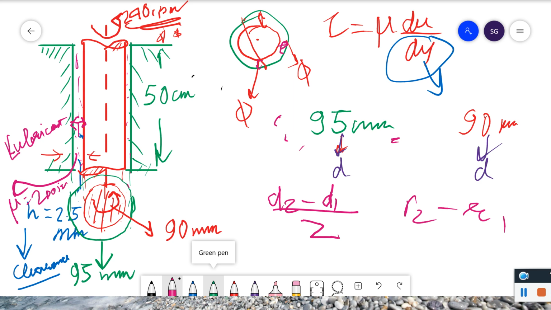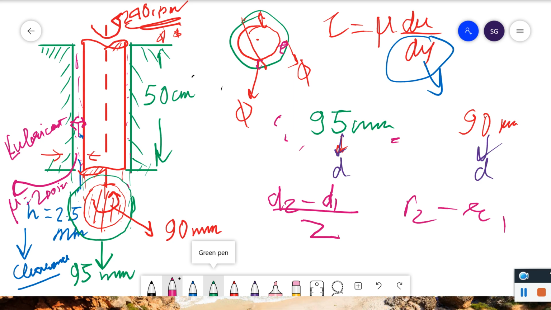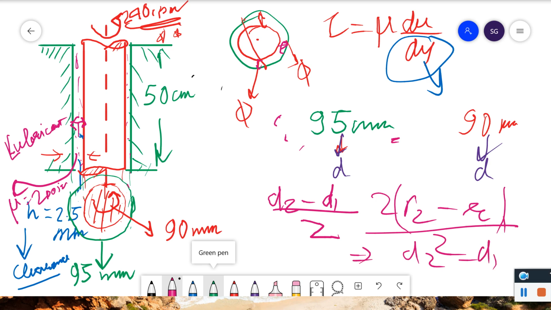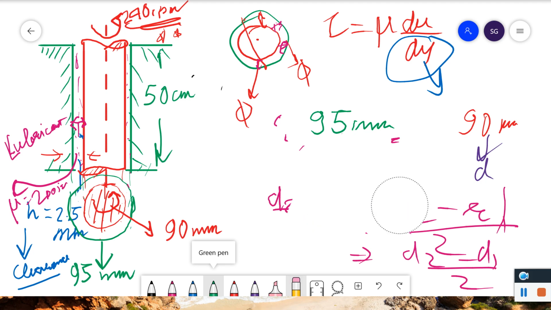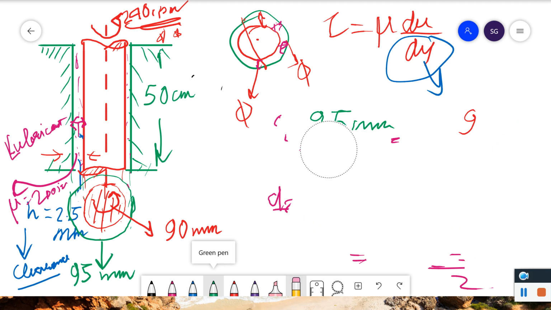If we multiply by 2 and divide by 2 on both sides, it is d2 minus d1 upon 2. So for finding the clearance, we will use the formula d2 minus d1 upon 2. It's very easy. You just have to find this distance, and you can interpret it by geometry also. So I will not go deep into this. It's just a basic concept.